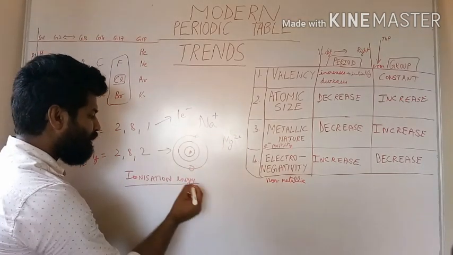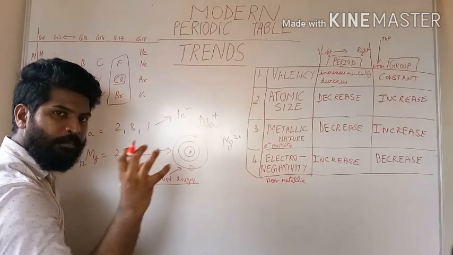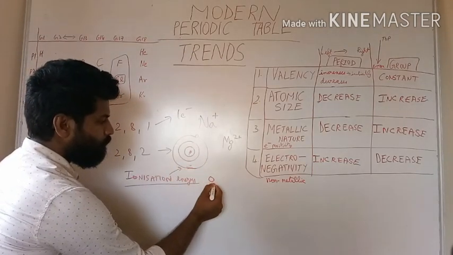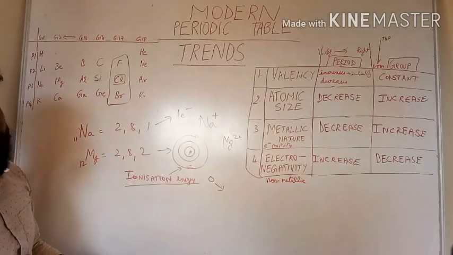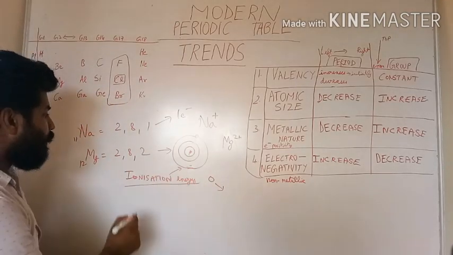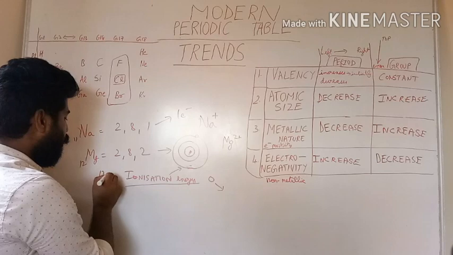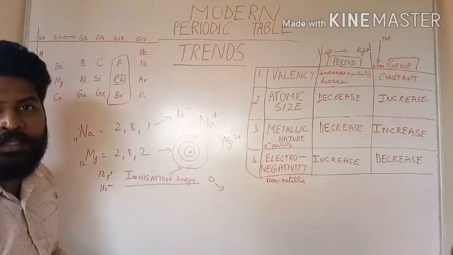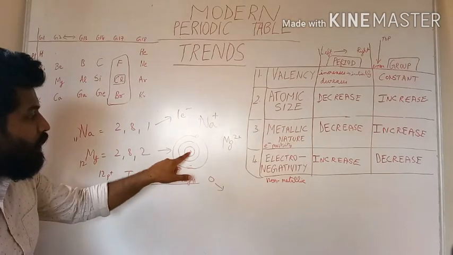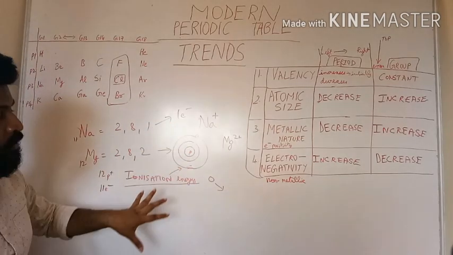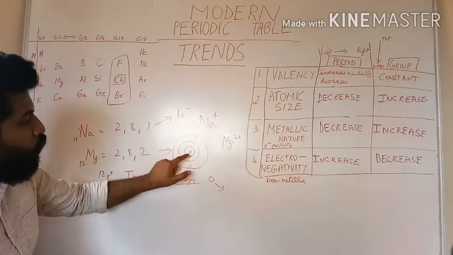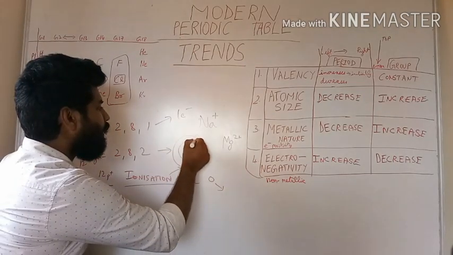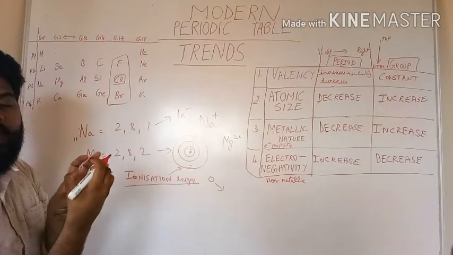Let us say by supplying ionization energy, you have removed one electron. When you remove one electron, there are now 12 protons and 11 electrons. So the effective nuclear charge will further increase. The control of the nucleus on this electron will increase. It will strongly attract it.